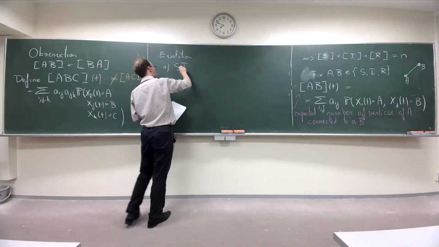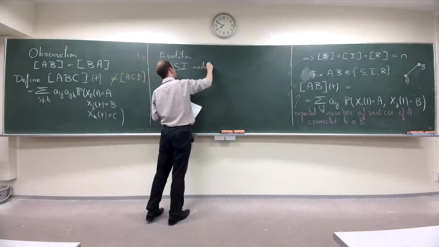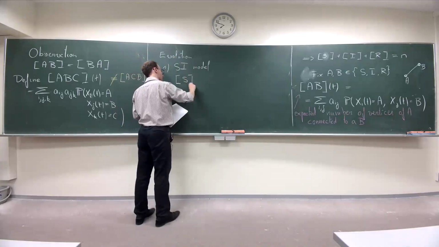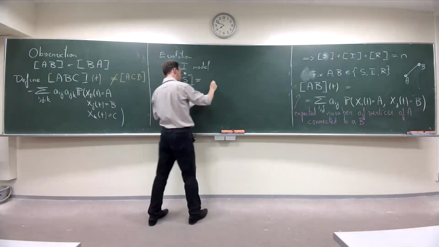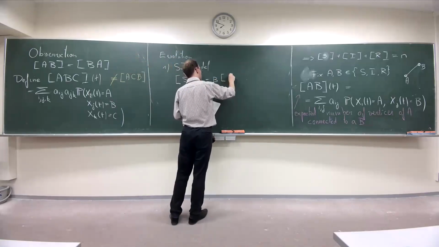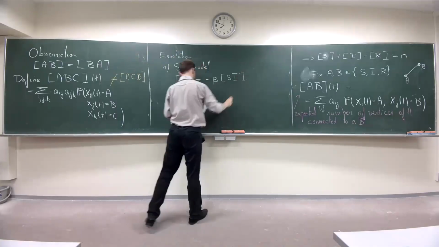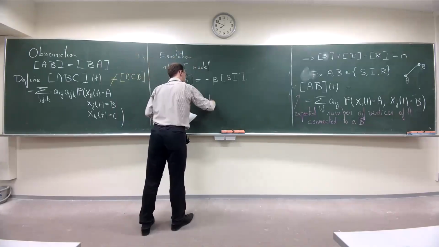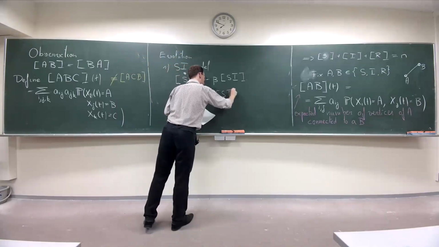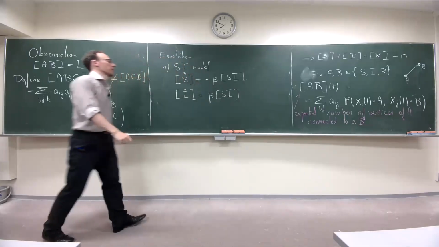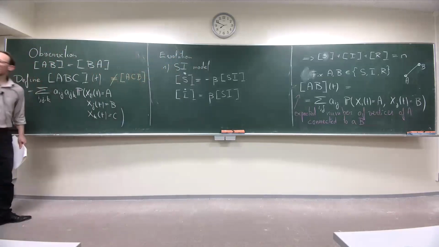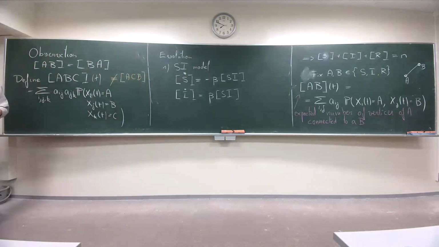For the SI model, so only two types of vertices, the evolution is given by S dot is minus beta SI. Can you guess why? Why is this a natural evolution in this system?